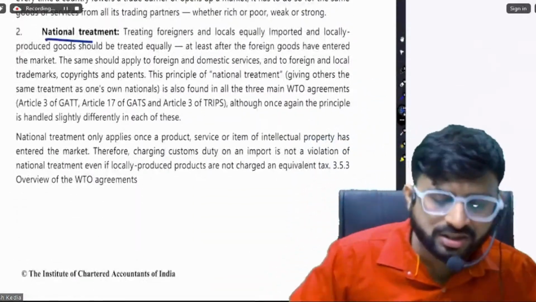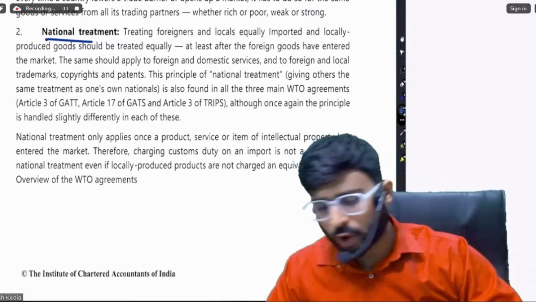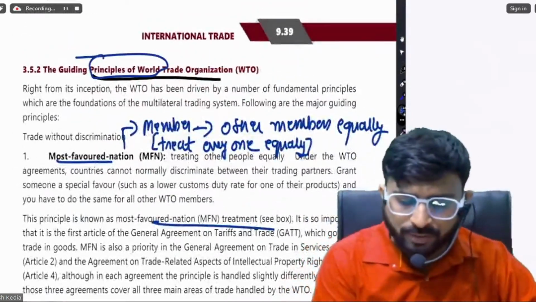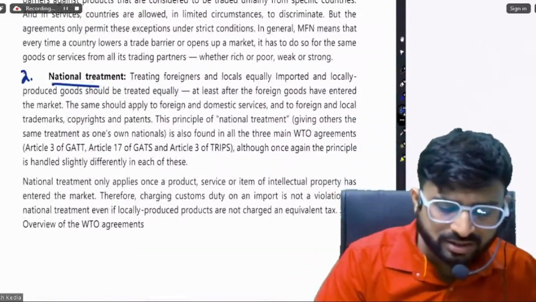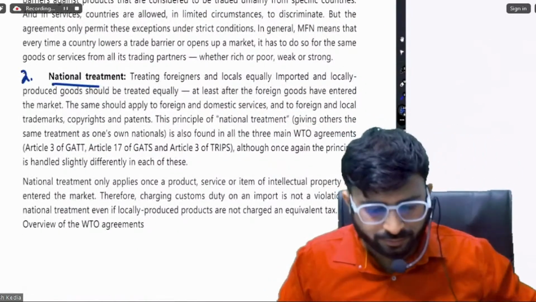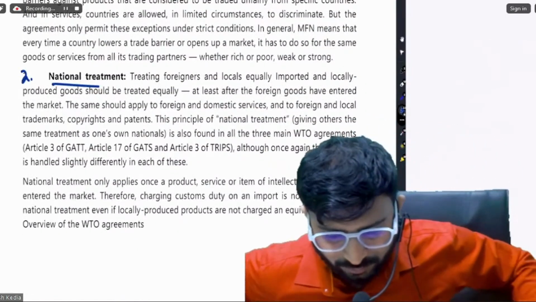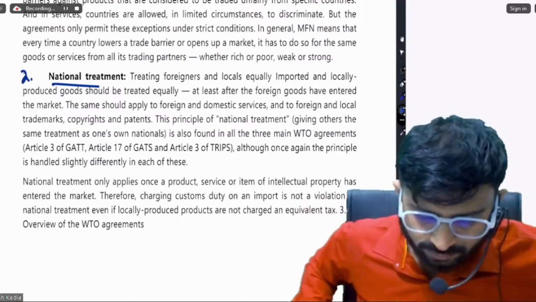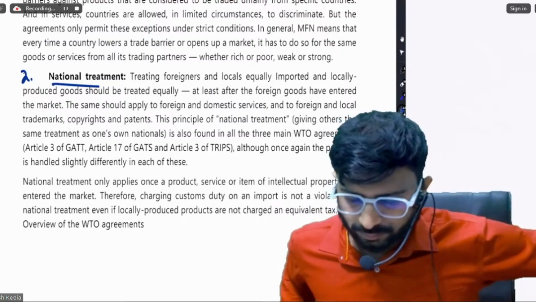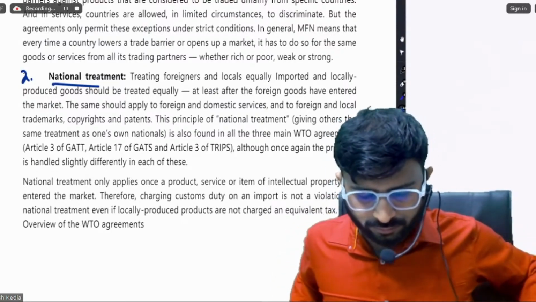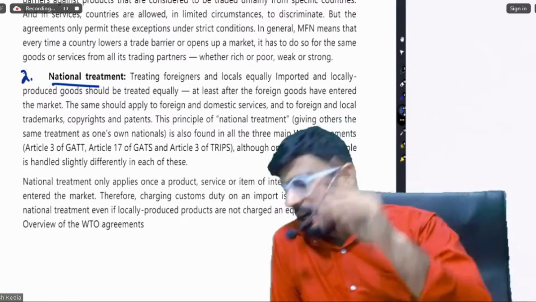Shall we talk about national treatment now? We are discussing the guiding principles of the WTO. The first is MFN, most favored nation. Second is national treatment.